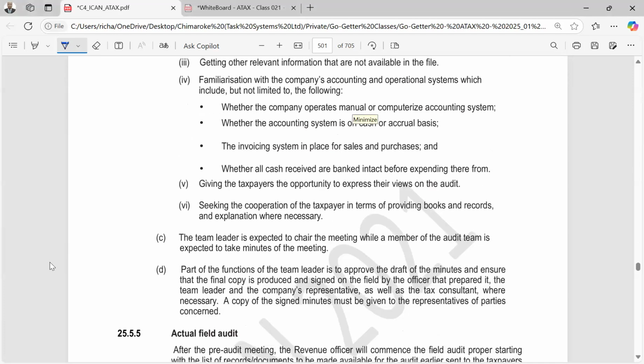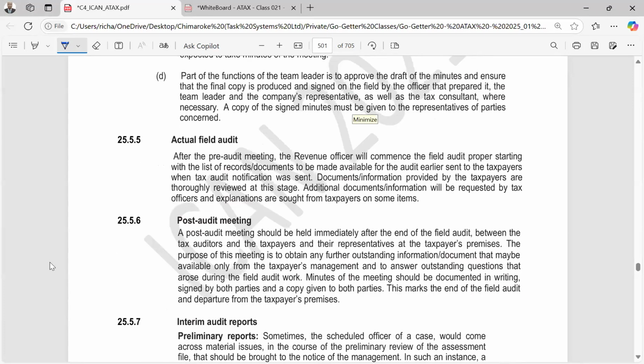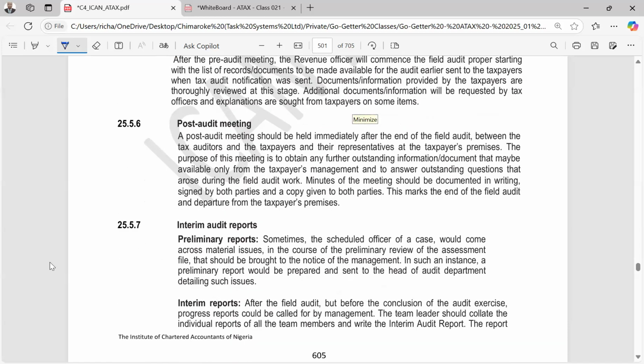So we have the actual audit. The actual audit is done properly at the company's premises. Then when the audit is completed, there is a post-audit meeting. This is held immediately after the audit between the tax auditors and the taxpayers or their representative in the taxpayers' premises.